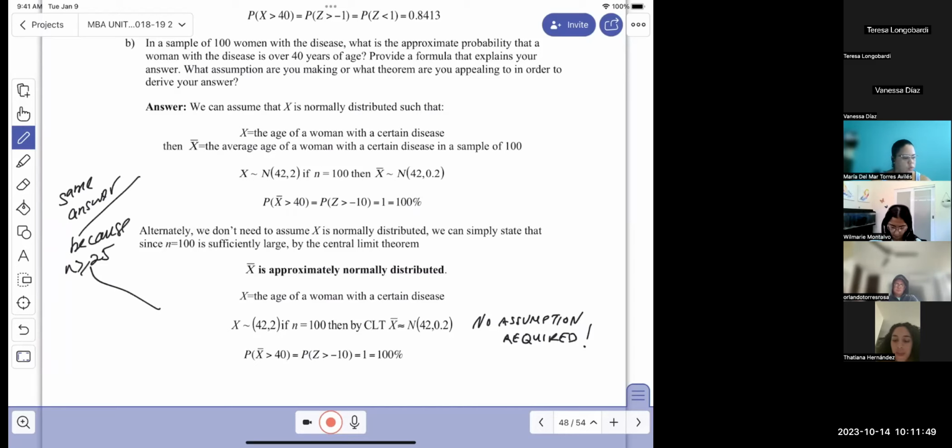So, Professor, to be clear, when we assume normality, we have an exact result. And when we use the theorem, we are not assuming, and we have an approximate result. Yeah, so we lose something, and the result is approximate. But in getting the approximate result, we didn't have to assume something that we have no proof of.